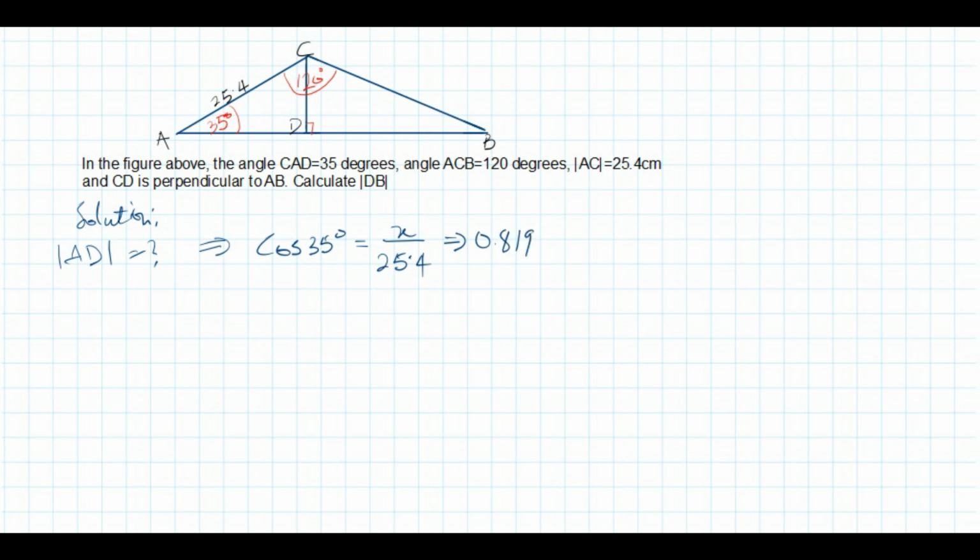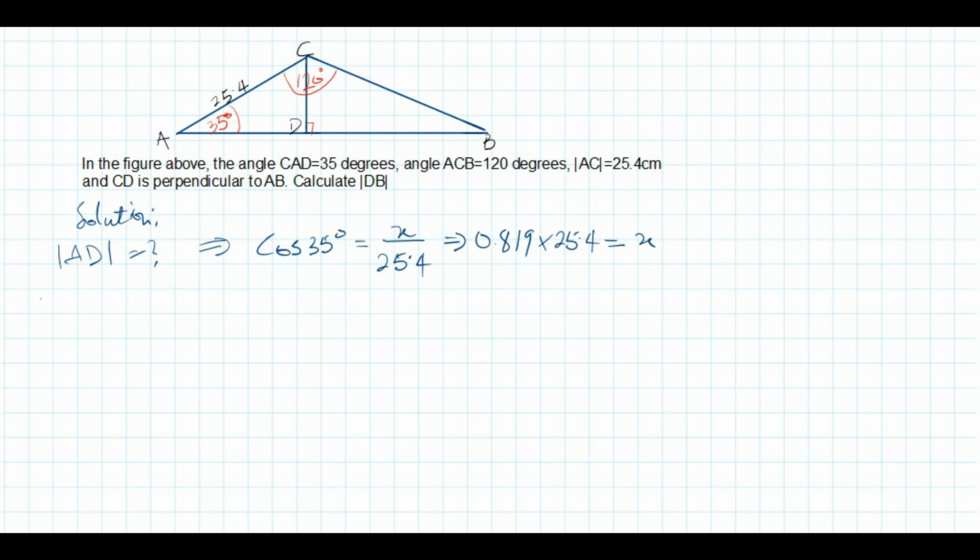Cos 35 is simply giving us 0.819. So we multiply 0.819 by our 25.4 centimeters, equal to x.